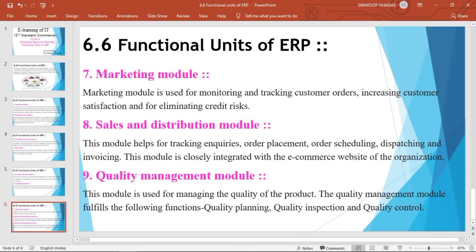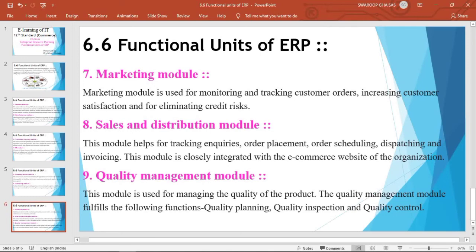Next one, that is the last functional unit of ERP, is a quality management module. It is used for managing the quality of product. Quality management module fulfills the following functions like quality planning, quality inspection, and quality control. So to maintain a certain quality of your product, that is to satisfy a customer with the best quality of the product, the enterprise has to follow these functions.